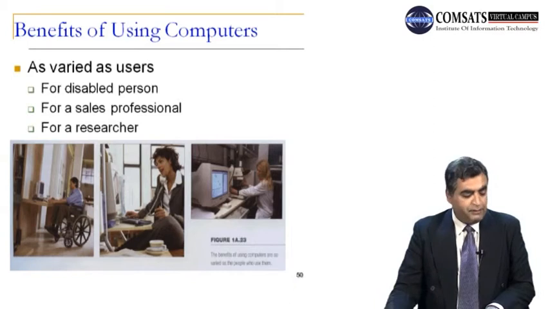For a sales professional, a computer may be the workhorse that does painstaking and time-consuming calculations. For a researcher, it is very helpful for storing data and doing complex and tricky calculations.